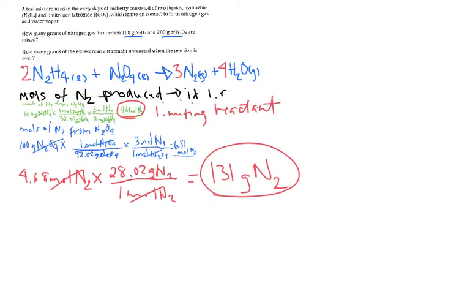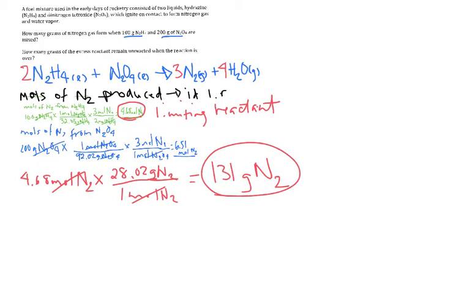So we're not finished yet though. We want to know how much leftover dinitrogen tetroxide is unreacted. And so that's what we're going to figure out now. The easiest way to figure out the amount of excess reactant is to look at the amount of dinitrogen tetroxide that will be consumed with the reaction of hydrazine.